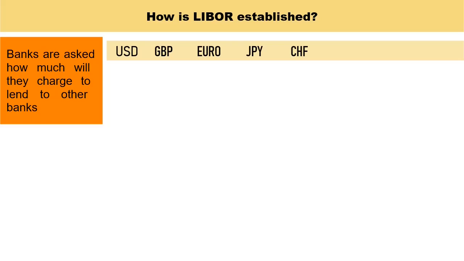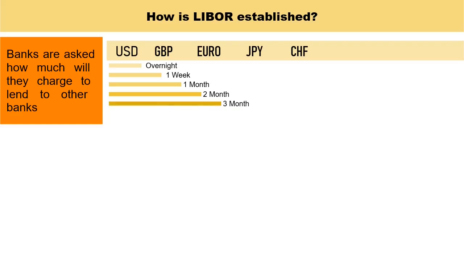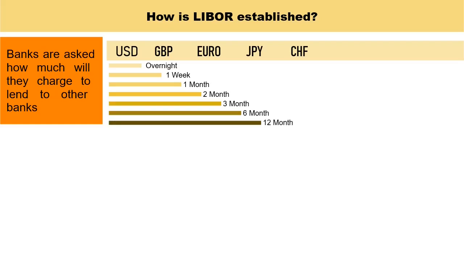And it serves 7 different maturities, which are overnight, 1 week, 1 month, 2 months, 3 months, 6 months, and 12 months. The combination of 5 currencies across 7 maturities results in 35 different Libor rates being calculated and reported each day.